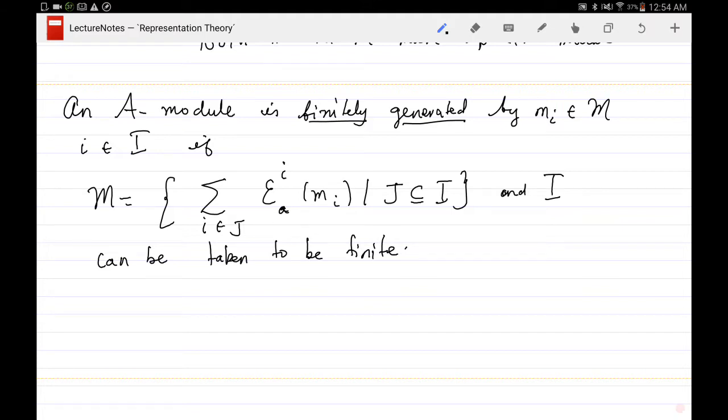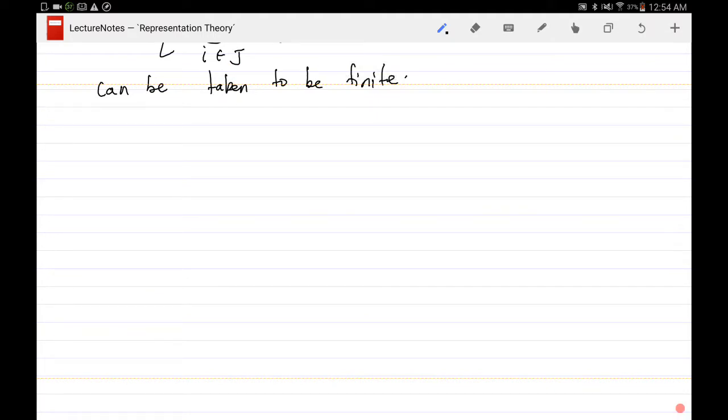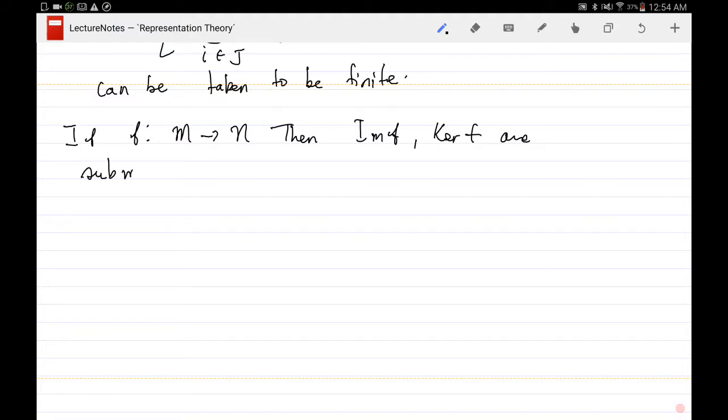Now, there's a corresponding theorem that we can prove, or statement that we can prove, namely, if f is a homomorphism from M to N, then the image of f and the kernel of f are submodules of N and M respectively.